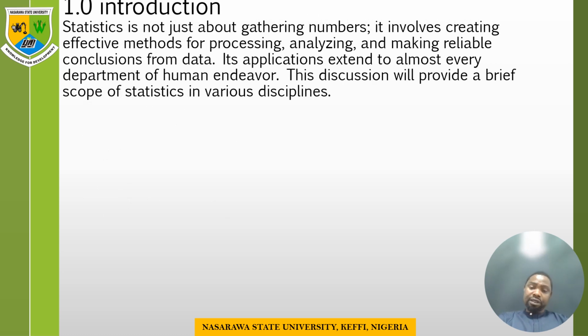Now, for the introduction, statistics is not just gathering numbers, it involves creating effective methods for processing, analyzing, and also making reliable conclusions from the data gotten from various fields. Its application also extends to almost every department of human endeavor.